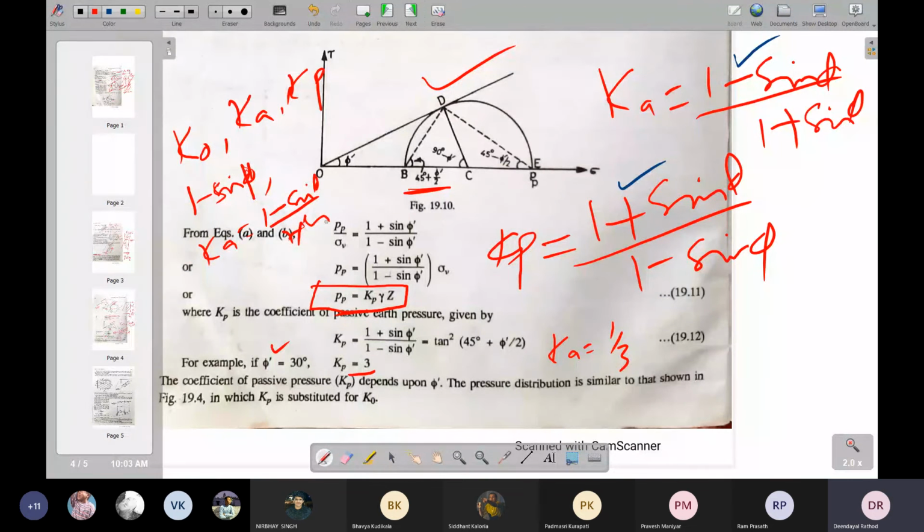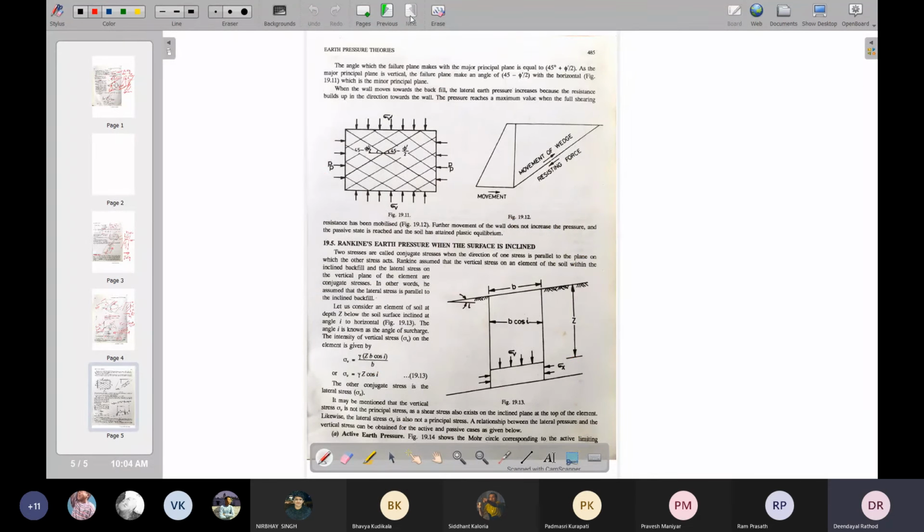If the phi value is given, then you can easily find out the horizontal stresses, active cases and passive cases. When the phi value is given, you can find out K naught or Ka or Kp. Once you know at what depth it is asked, if you know H, Z, and gamma, you can find out the vertical or horizontal stresses. Understood? So how will the failure planes be here?